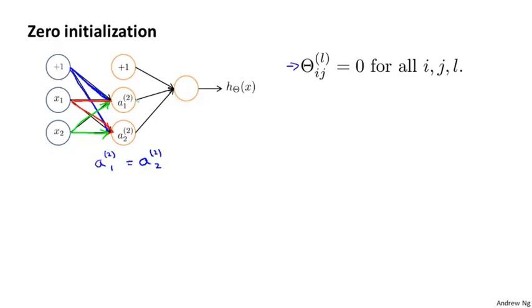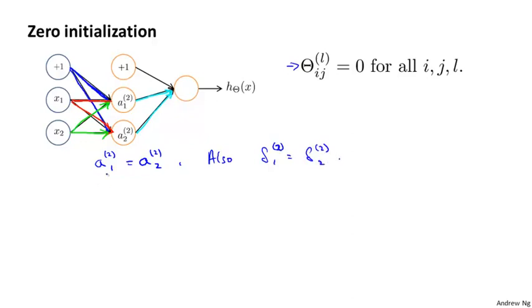And moreover, I'm not going to show this in too much detail, but because these outgoing weights are the same, you can also show that the delta values are also going to be the same. So concretely, you end up with delta 1(1) equals delta 2(1) equals delta 2(2).